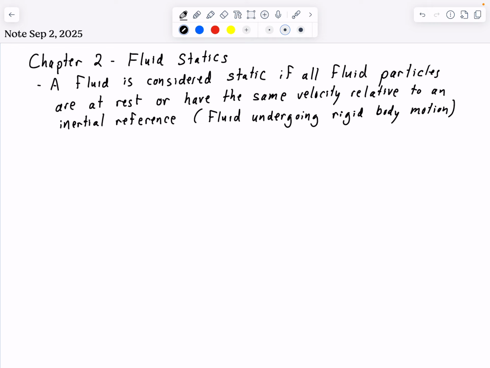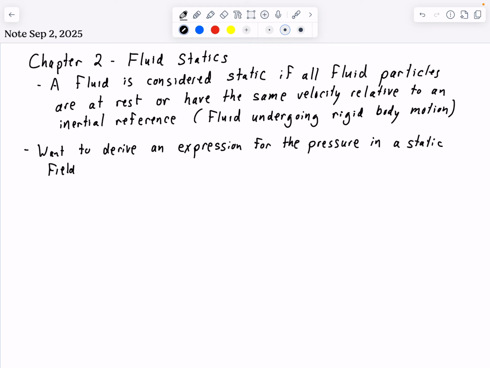So we want to derive an expression for the pressure in a static fluid. In particular, we've got two questions that we want to answer here.